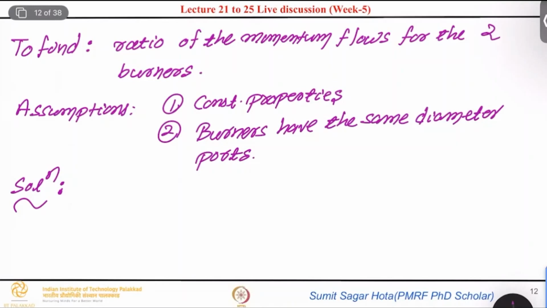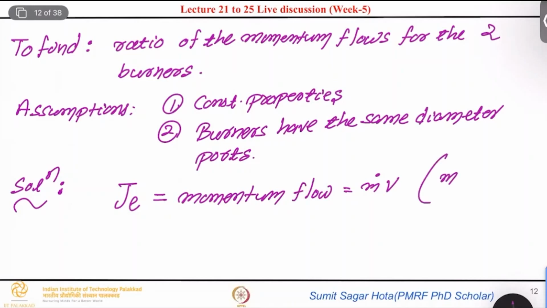Solution: the momentum flow J is equal to m dot times V, and we know that m dot is equal to rho V times A.